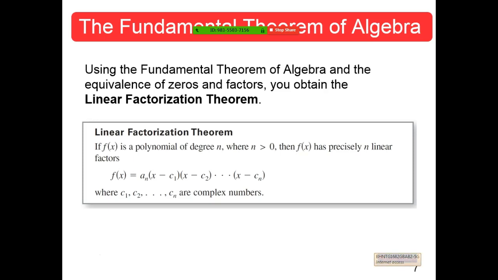Guess what? Both of its factors are complex, meaning they're all complex with imaginary components. So that's why this is still true. Okay? So remember C's, complex numbers, that can be real numbers. All real numbers are complex numbers, or it can be complex numbers with imaginary components.